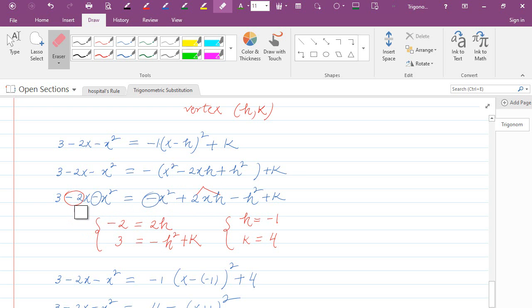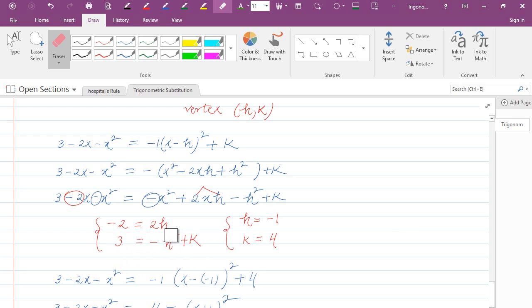Now the coefficient of x here is -2, and the coefficient of x here is 2h. So I know that 2h has to be -2, and the constant 3 here must match the constant -h squared plus k. So -h squared plus k should be 3.